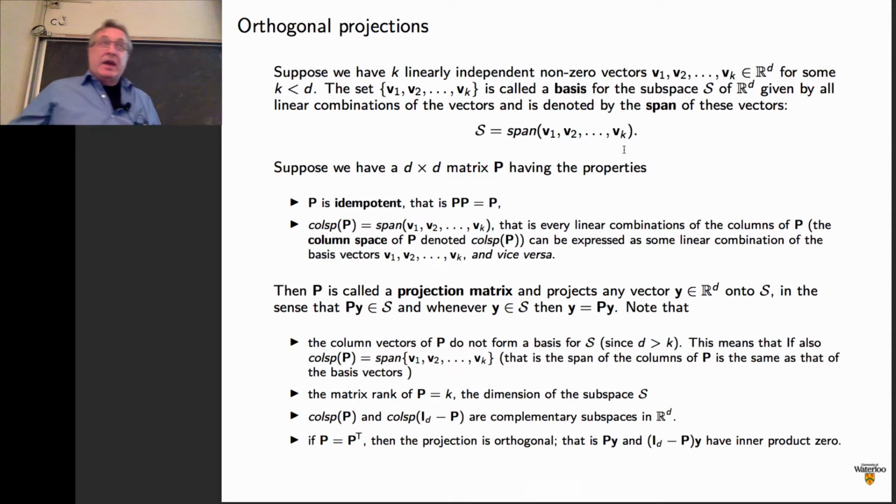We've got a set of k linearly independent non-zero vectors. You would think about all linear combinations of those. That itself is a subspace, right? A k-dimensional subspace of the real d space. Do you all remember this? Great. You okay?